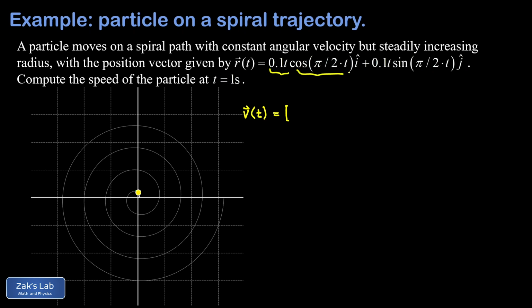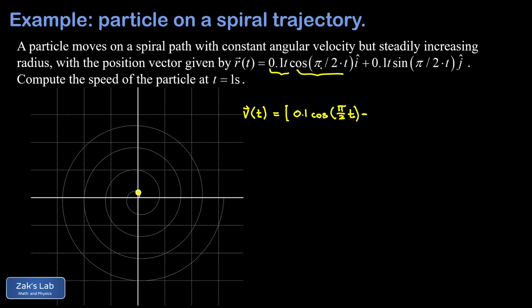We have that 0.1 t, and then we have the cosine part. So taking the derivative of the 0.1 t, we just get 0.1, and we leave the second function alone, so 0.1 cosine pi over 2t. And then in our second term, we have to leave the first function alone, that's 0.1 t, but multiply it by the derivative of the second function. Well, the derivative of cosine is negative, so I'm going to put a minus sign in here.